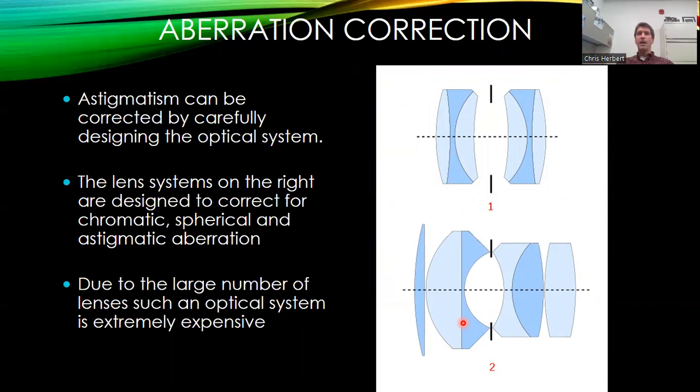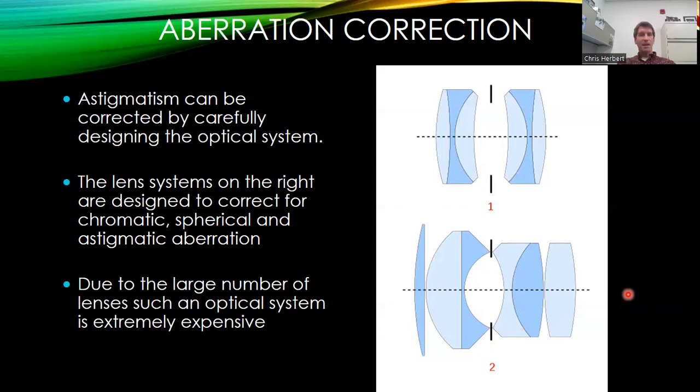To really get perfect images or nearly perfect images or images that lack aberration requires oftentimes very unique shapes or even multiple elements. These are actually eyepiece designs that are being used to correct for chromatic aberration and correct for spherical aberration and some other problems.